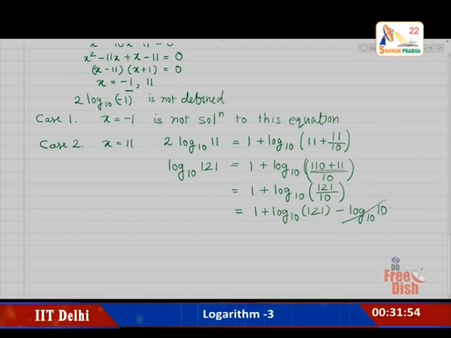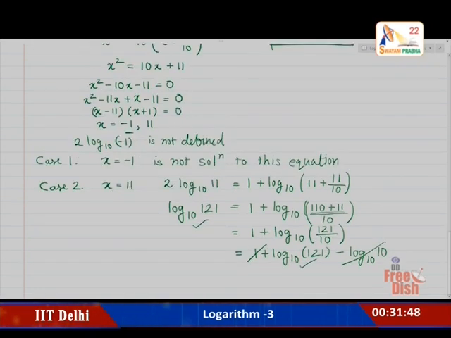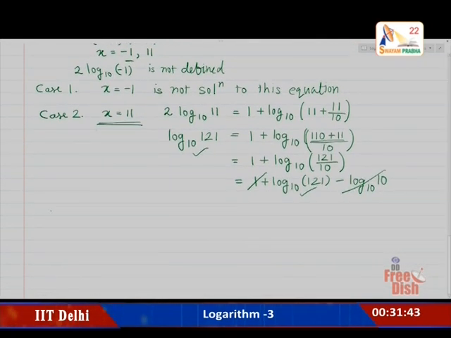Log to the base 10 of 10 is 1, so it will cancel with this. Therefore my LHS is equal to RHS and x is equal to 11 is the solution. So the answer is x is equal to 11 is the only solution to this equation.